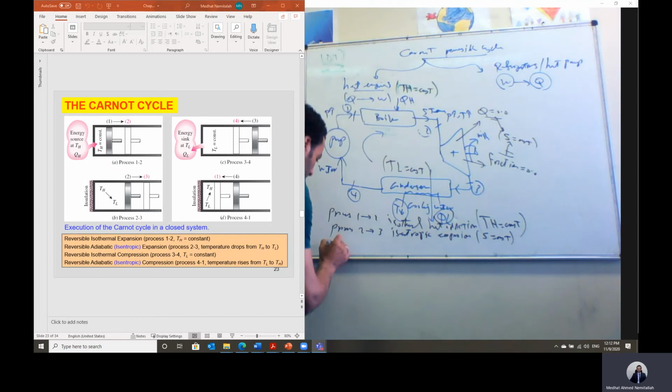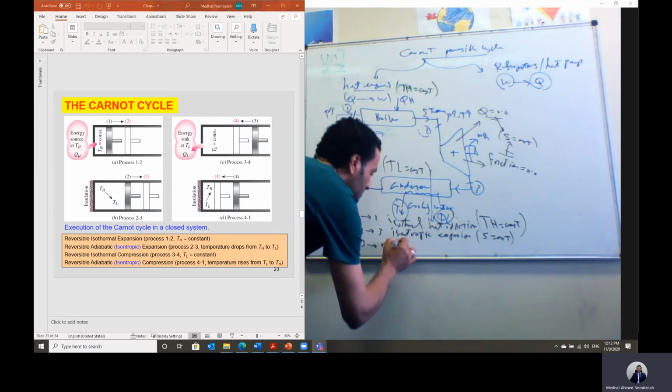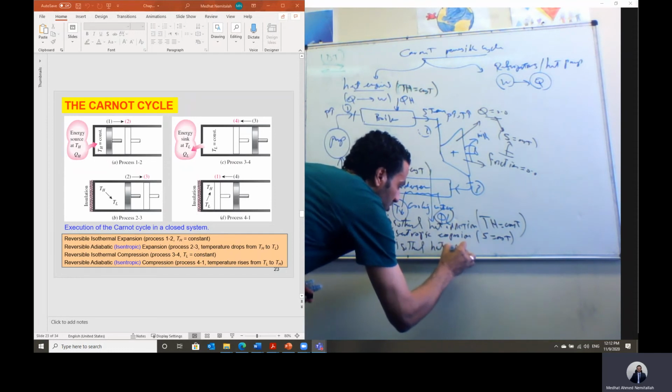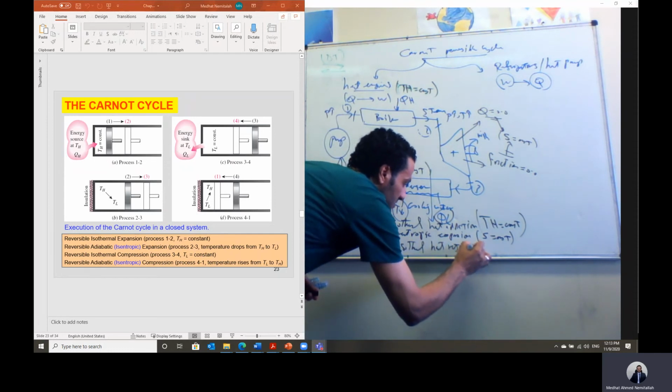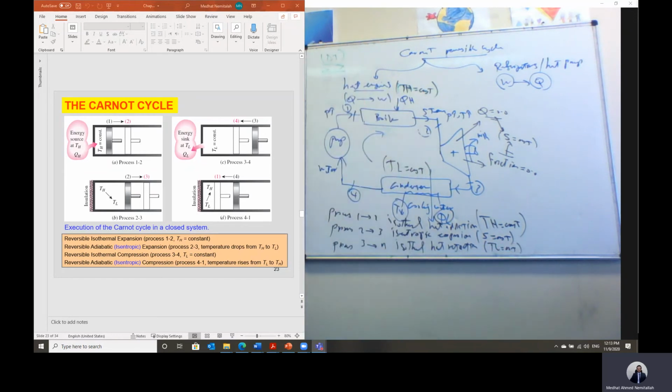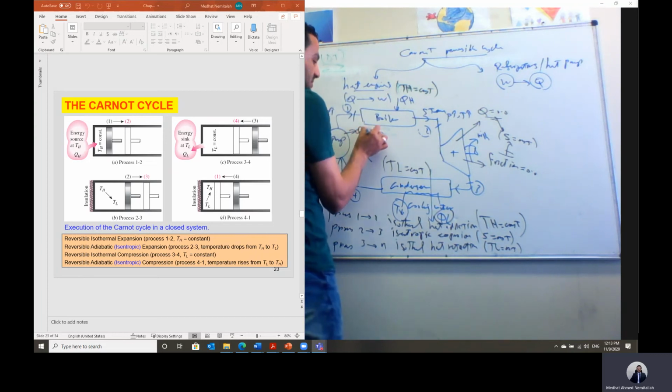So the process from 3 to 4 is an isothermal heat rejection process. T low should be constant in order to have this process reversible in both directions. And for the pump, we have work input. In order to have this process from 4 to 1 reversible, it should also be adiabatic.